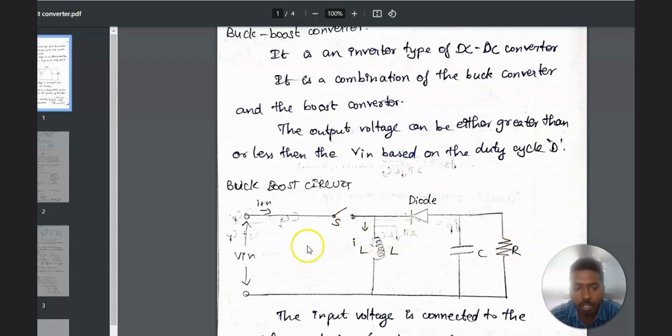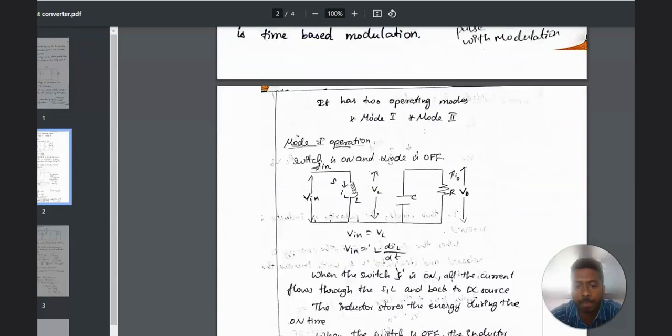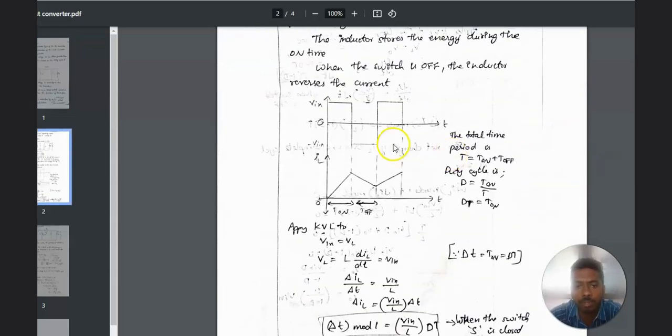When the switch is closed, the entire input voltage is given to the inductor. Therefore, the inductor charges. See, when the switch is turned on, the inductor charges gradually like this.